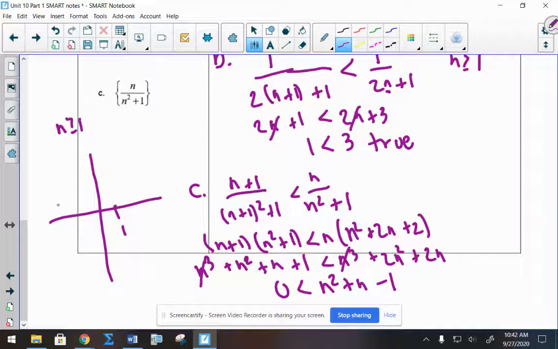So plug in 1. And what do we get out? 1 plus 1 minus 1, so we get out a 1. You could plug in a 2 and see what you get out. That would be 4 plus 2 minus 1, so 5. So up here at 5. So I can see what the parabola did, but we're looking for where n is going to be greater than or equal to 1. Let's redo that.